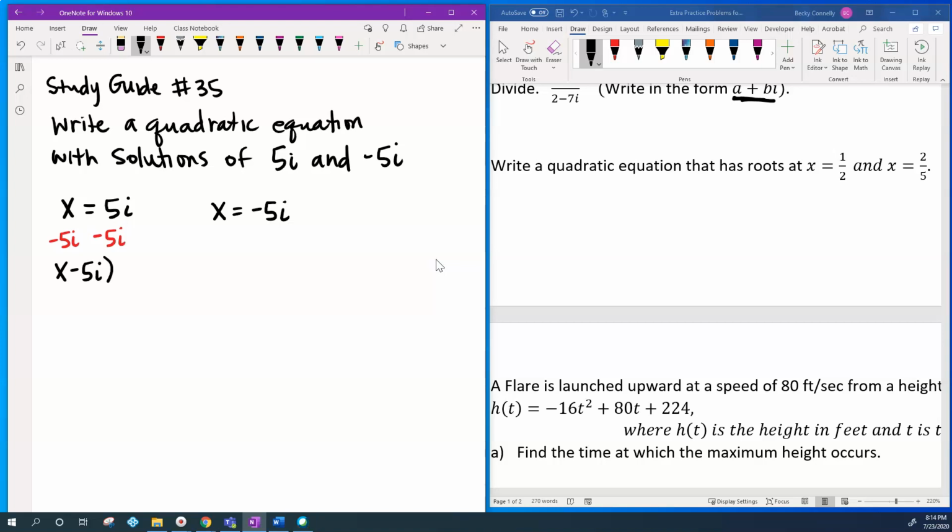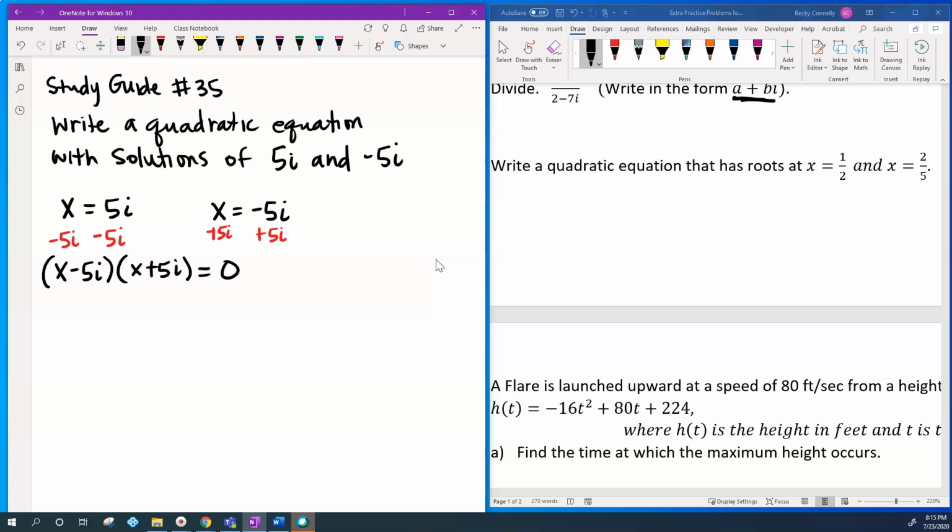All right, so that's going to be one of my factors. And here, if I add the 5i over, then my other factor is going to be x plus 5i. And then I just need to FOIL those together to get my answer.